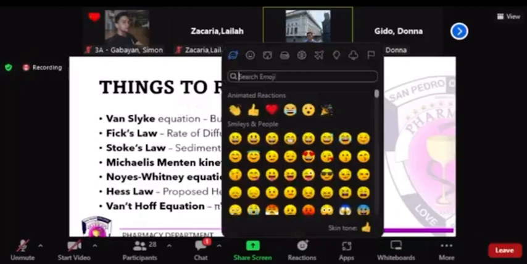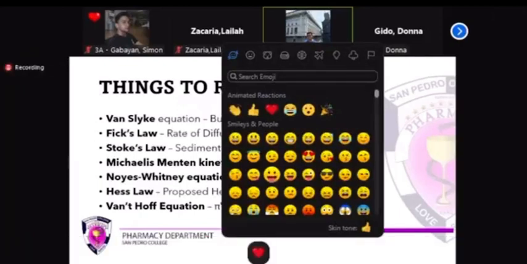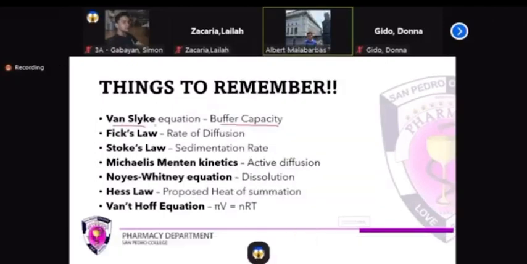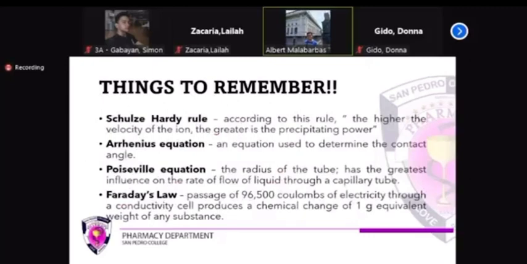Things to know about the different equations that you need to know: buffer capacity equation, Fick's law, diffusion, Stokes, sedimentation, Michaelis-Menten, diffusion, active diffusion, Noyes-Whitney, dissolution, Van 't Hoff equation. Okay? And then the rest. You can see them in your handouts. So, that concludes our session for pharm.